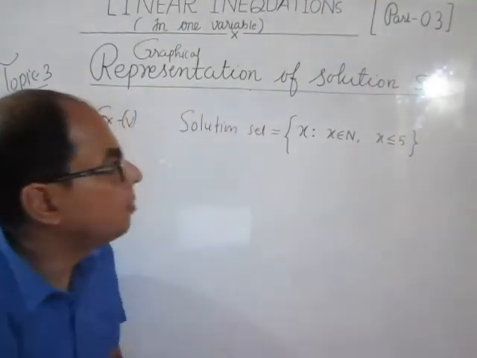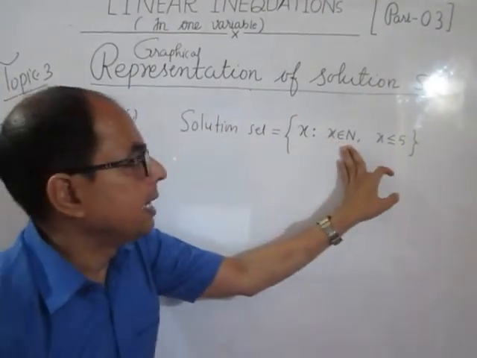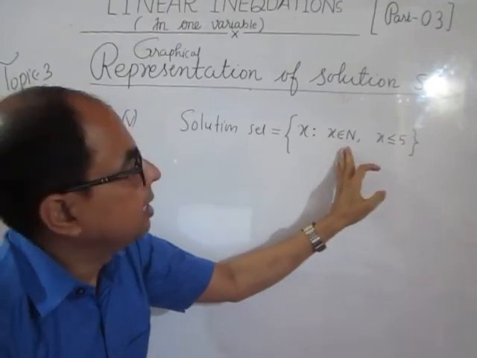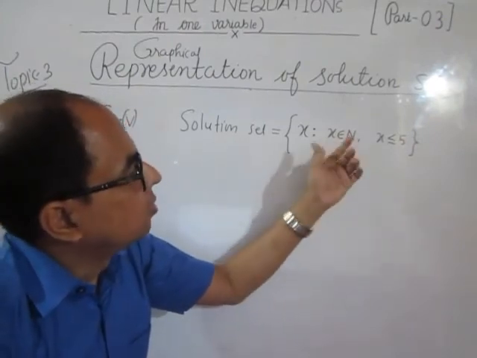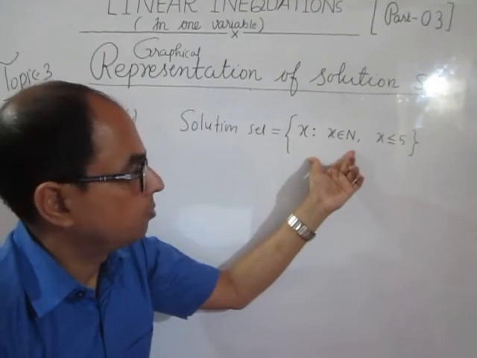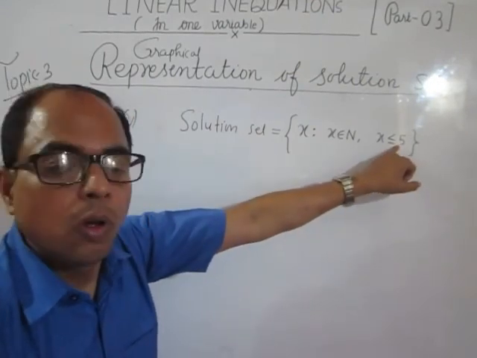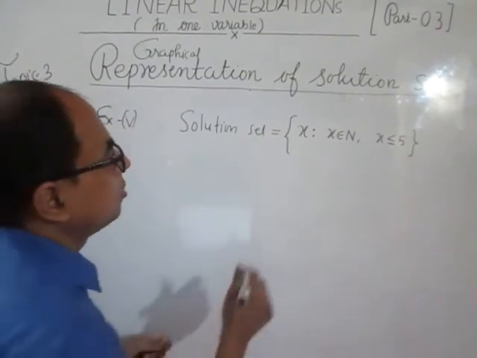Here the replacement set is natural number. It means we can write the solution set in roster form also, because we can make the list of all the natural numbers which are less than or equal to 5.